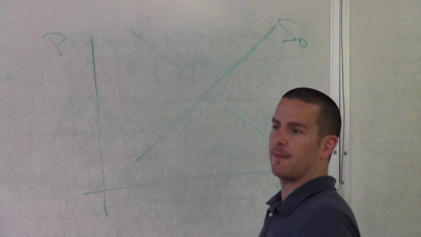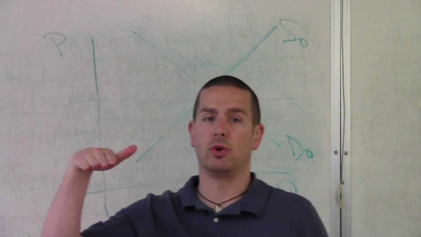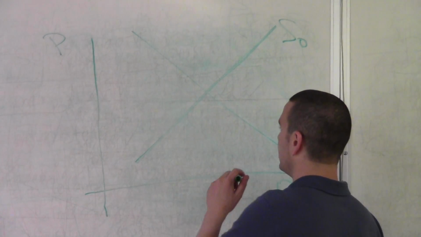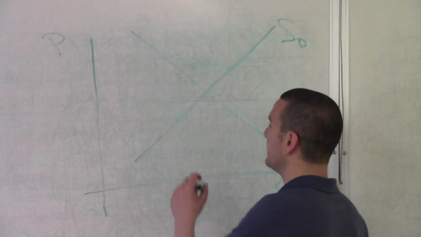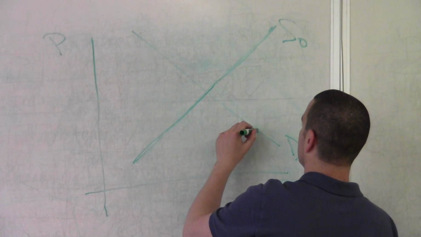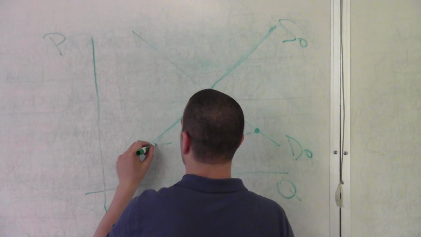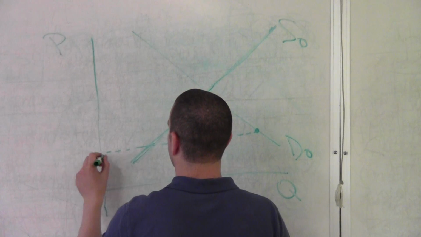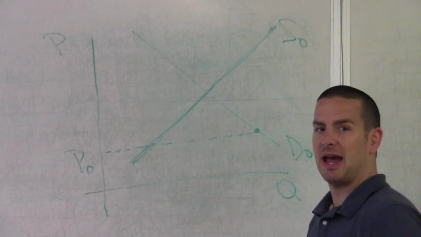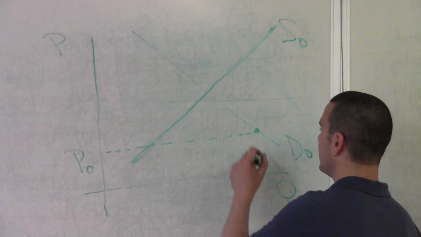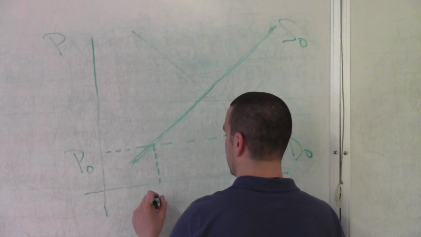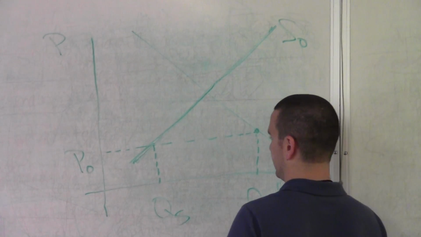On the other hand, if the price is too low, very, very low, and it's below the market clearing price, then we end up with a situation in which the quantity demanded is greater than the quantity supplied.